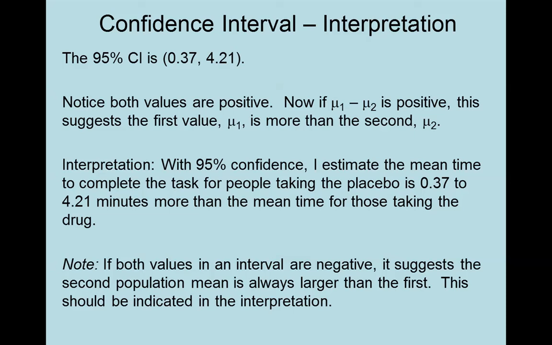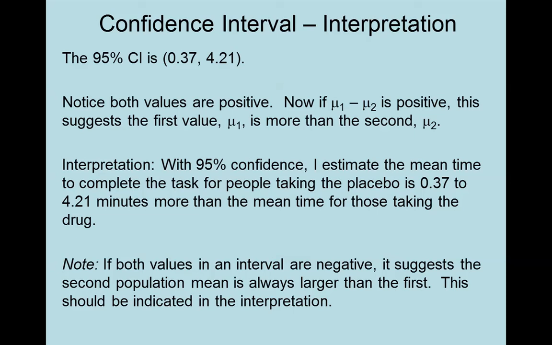I want that to come out in the interpretation. So with 95% confidence, I estimate the mean time to complete the task for all people who could take the placebo is 0.37 to 4.21 minutes more than the mean time to complete the task for those who could take the drug.